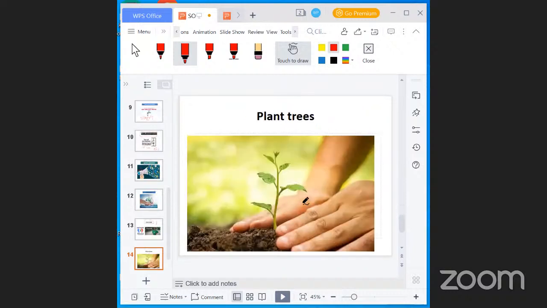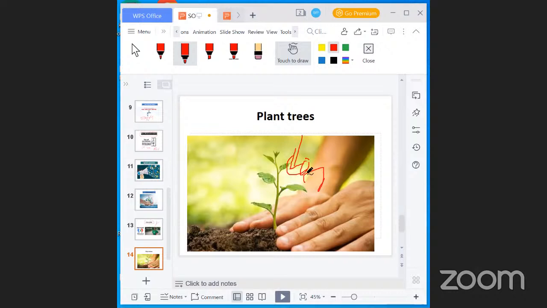Next, plant trees. This is also very important. Deforestation plays an important role in global warming and climate change. Planting trees is helpful as they absorb carbon dioxide from the atmosphere and regulate the climate.